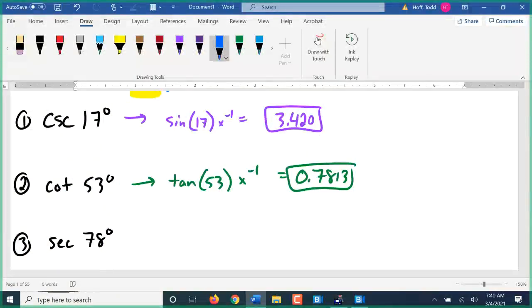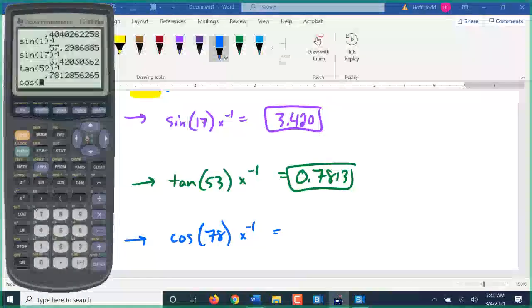And finally, the secant goes with the cosine. So it's the cosine of 78, and then the reciprocal. The cosine 78, close the parentheses and hit the x to the negative 1. 4.810, it looks like.